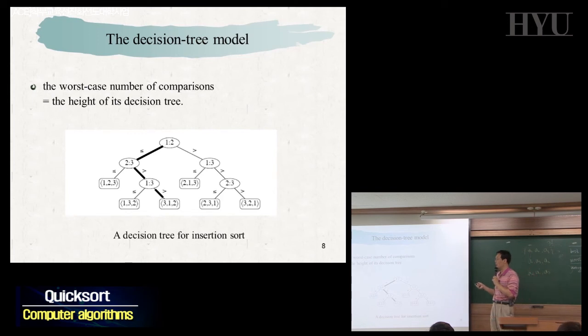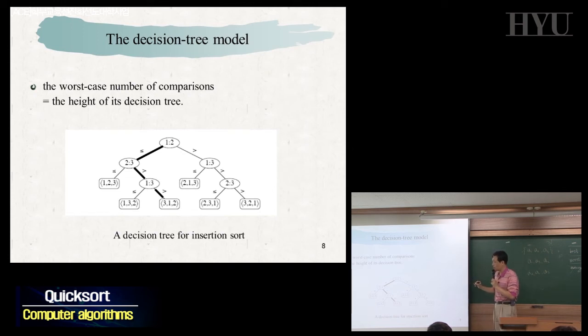And then now, let's consider the running time. If the answer is this, then we need 2 comparisons to find out this is the solution. We compare A1 and A2, and then A2 and A3, if these 2 relations are satisfied, then the answer is this.